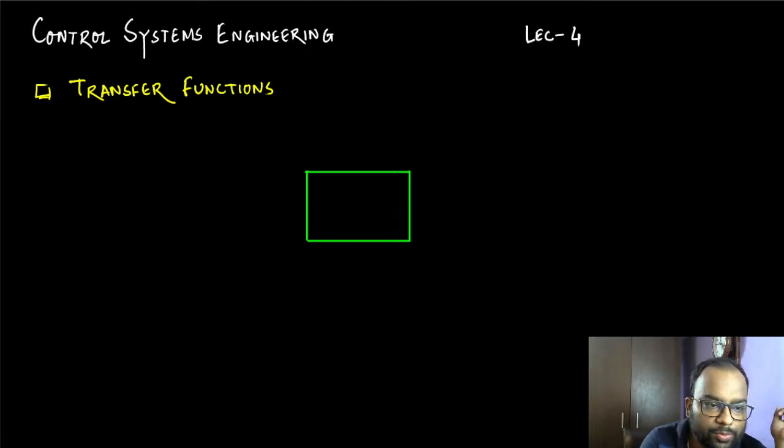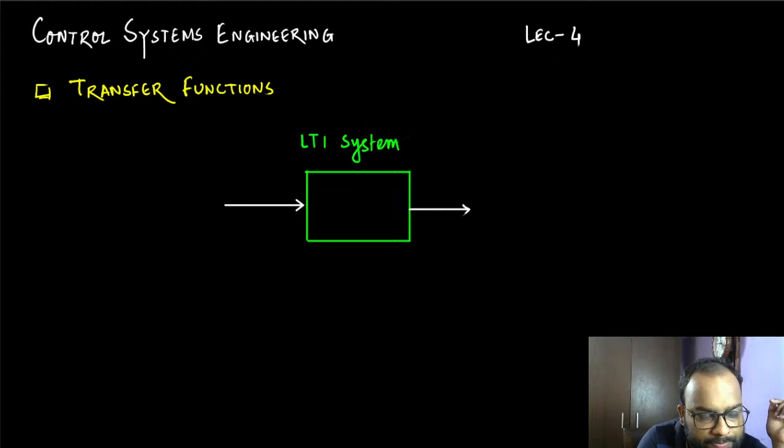Now, what kind of systems are we talking about? Of course, you have heard the nomenclature previously in your signals and systems classes. We are talking about a special class of systems which are called linear and time invariant systems. So, the transfer function approach is applicable for linear time invariant systems. All right. So, if the system is non-linear, then the transfer function approach is not applicable. If the system is time variant, then the transfer function approach is not applicable for the system. All right.